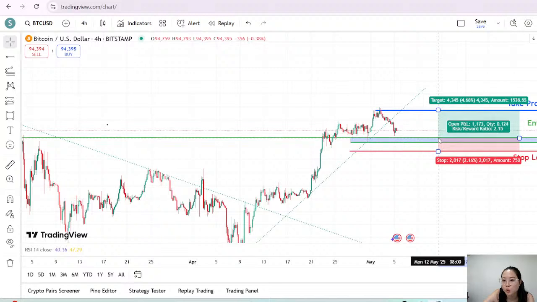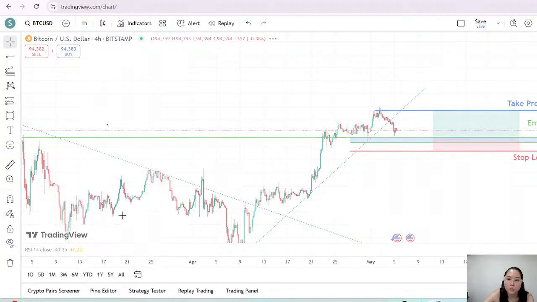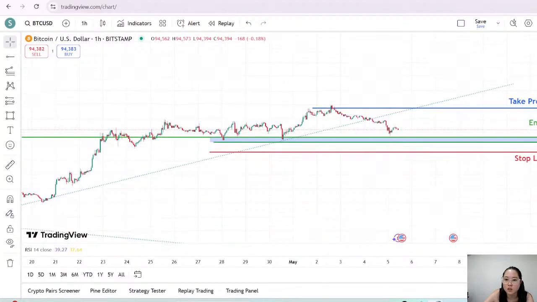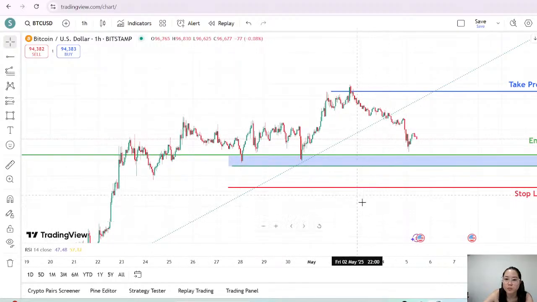It's still about 1 to 2, which is not amazing, but still not bad. So you're looking at about a 1 to 2 or 1 to 3 kind of trade if you get in on this. Sorry, it's way clearer on the 1 hour time frame.